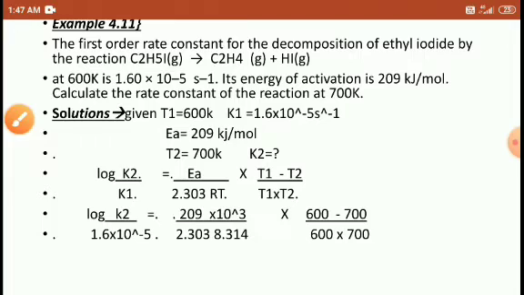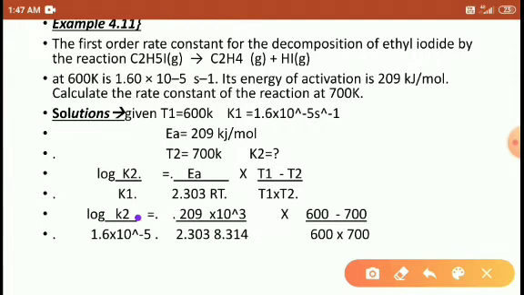We don't know K2, and we know K1, so I am substituting the value 1.6 × 10^-5, Ea value 209, 2.303 R value 8.314, and the temperature T1 is 600 and T2 is 700. Then we get the answer, students.